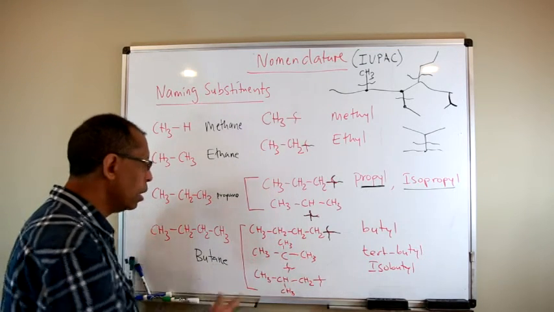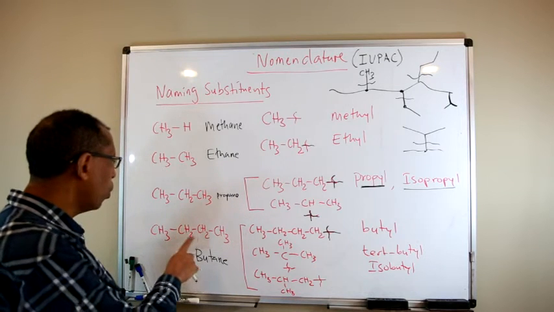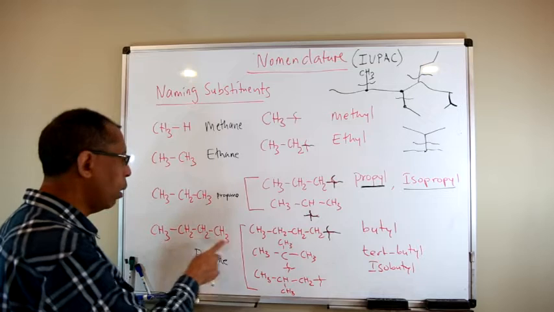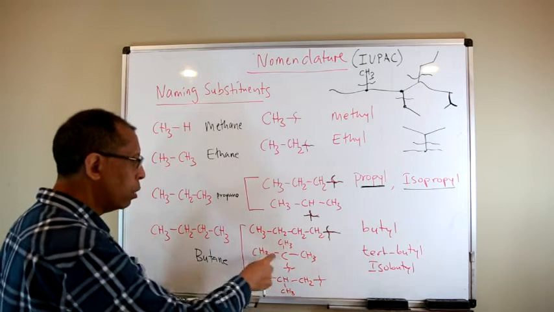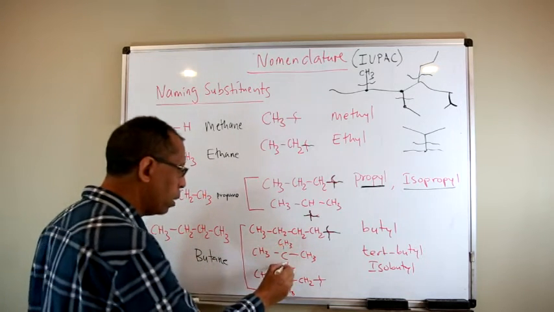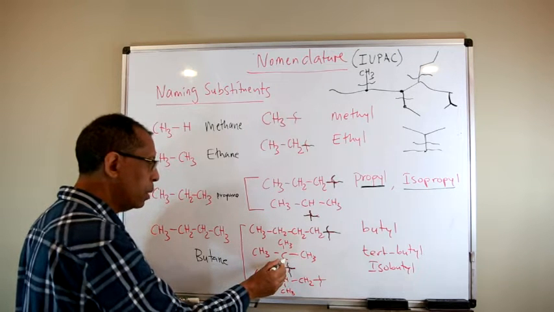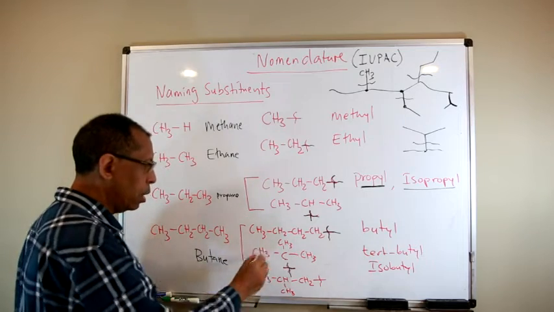But you can also attach it through a central carbon, where this is CH3, this is CH3, this is CH3. As you see, all are 4 carbons. The 4 carbons have this possibility to branch out. You have a central carbon where you have 3 carbons around it with CH3.